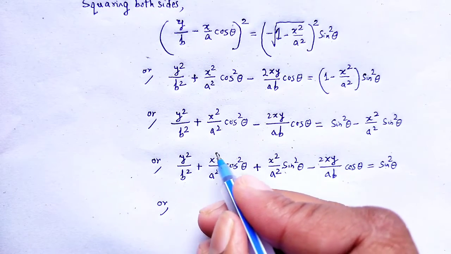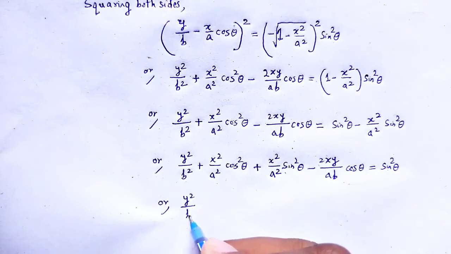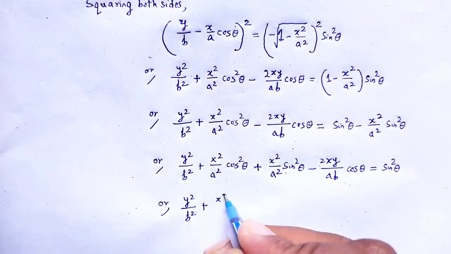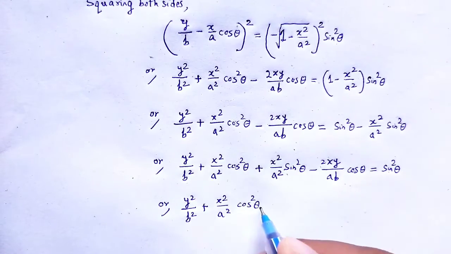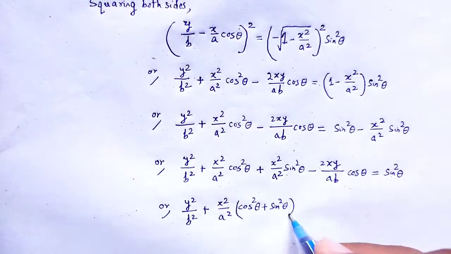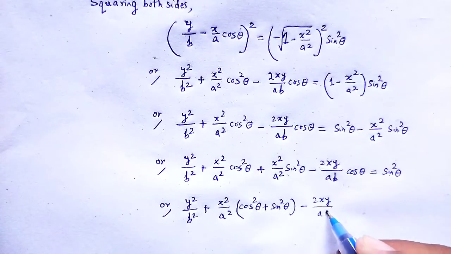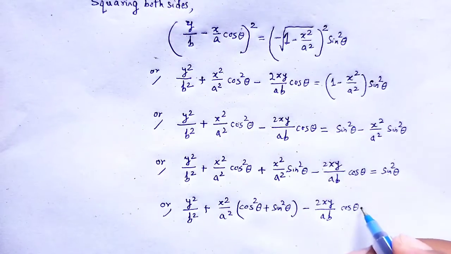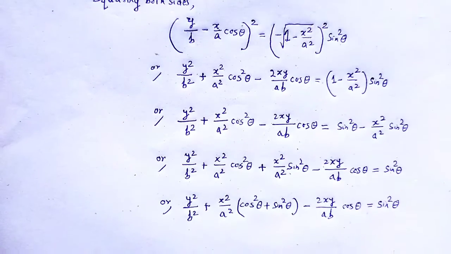In these two terms taking x square by a square as common, y square by b square plus x square by a square inside the bracket cos square theta plus sin square theta minus 2xy by ab cos theta is equal to sin square theta.